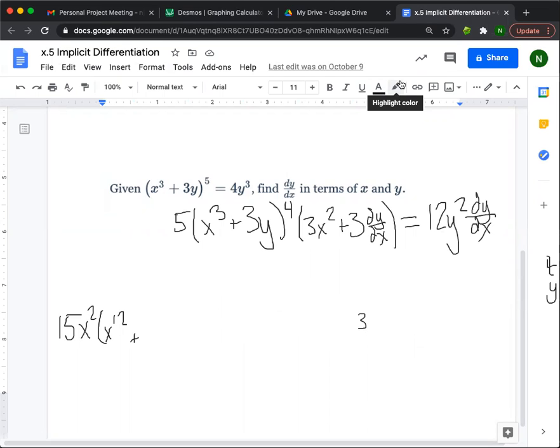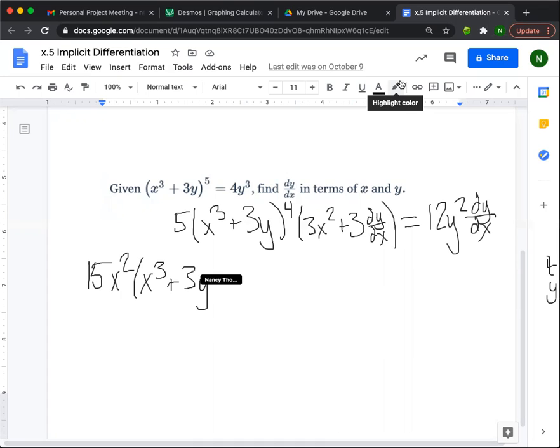So what I'm going to do is just leave it totally unsimplified, just to make this super easy. So I'm just going to distribute the terms. So here I have 15x squared, and we're going to distribute that times the (x cubed plus 3y) to the 4th, like this.